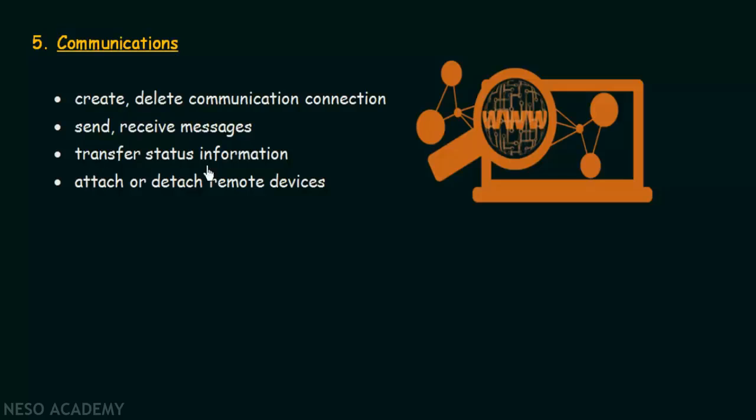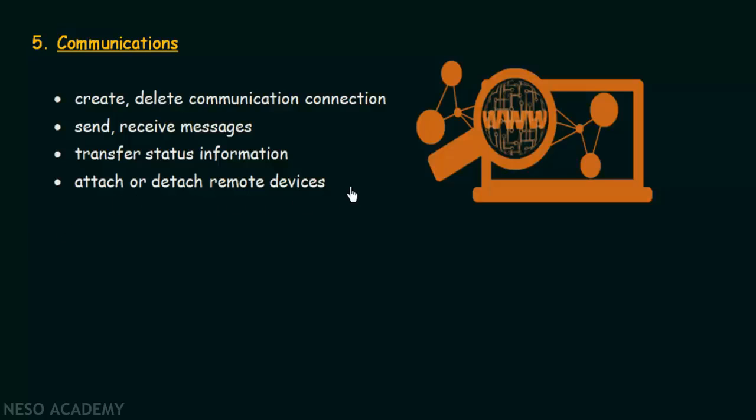Then we have transfer status information. That means when the processes communicate to each other, they may need to report the current status of that particular process. A process may need to say that, yes, I have completed my execution, or it may have to say that I need access to this particular resource. In that way, the process is transferring its status information. Then we have attach or detach remote devices.